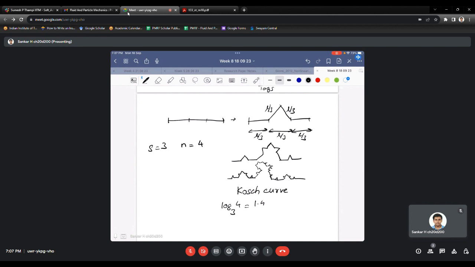I'm just fine tuning the value of log 4 to the base 3. Sorry, it's not 1.4, it is 1.262.